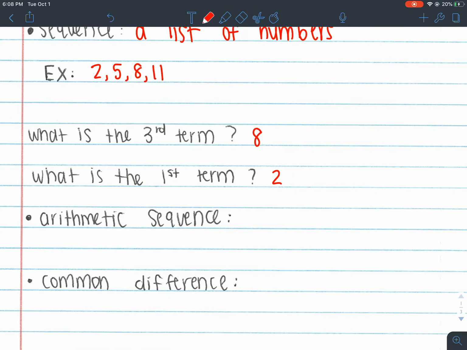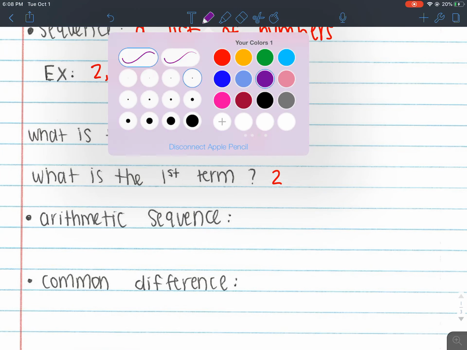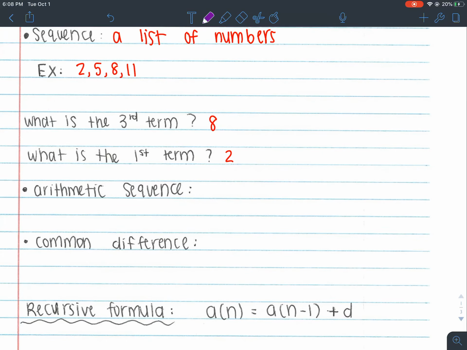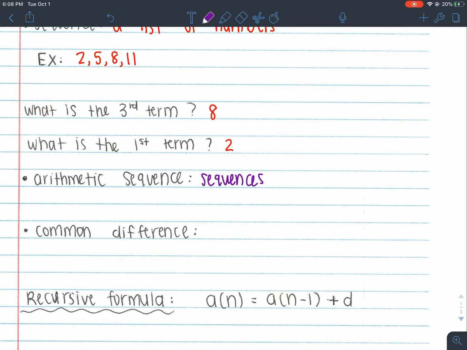Now let's talk about what arithmetic means. So yes, it looks like arithmetic, but we pronounce it arithmetic. An arithmetic sequence is a special type of sequence. And these sequences are sequences whose change is denoted by adding or subtracting.